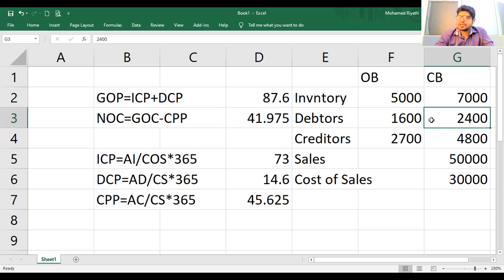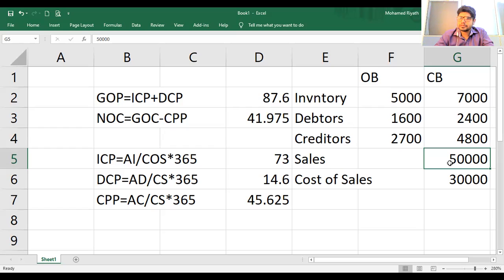So we can't say this is equal to sales. In this example, we considered all the sales are on credit basis, so this year's sales equal 50,000. Within this 50,000, some people paid already, some settle at the beginning, some in the middle. Does that make sense? If you are not clear, you can ask.